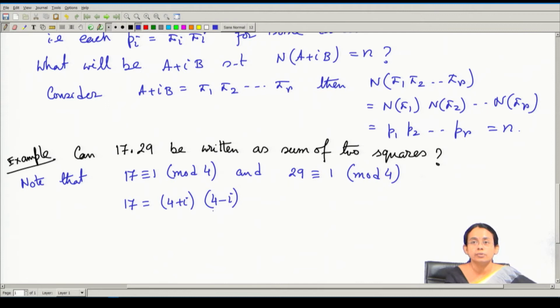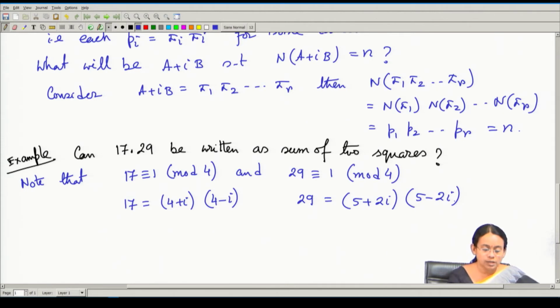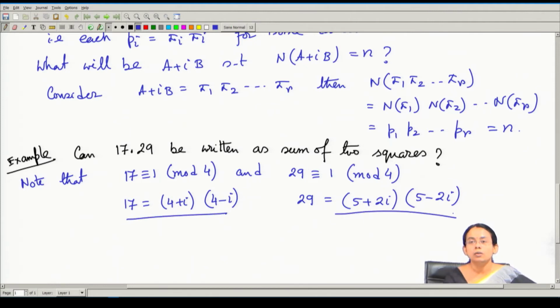This is the factorization of 17, and 29 can be written as (5 plus 2i) into (5 minus 2i). And I would like to find this a plus ib. Then a plus ib can be one of the factors from the factorization of 17 and one of the factors from the factorization of 29, and all the combinations will give me a plus ib.